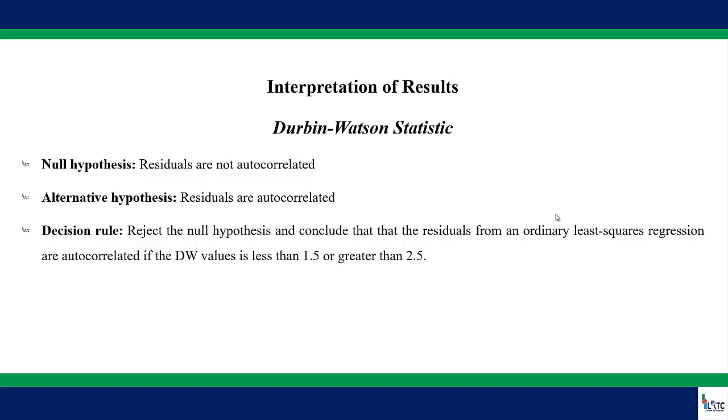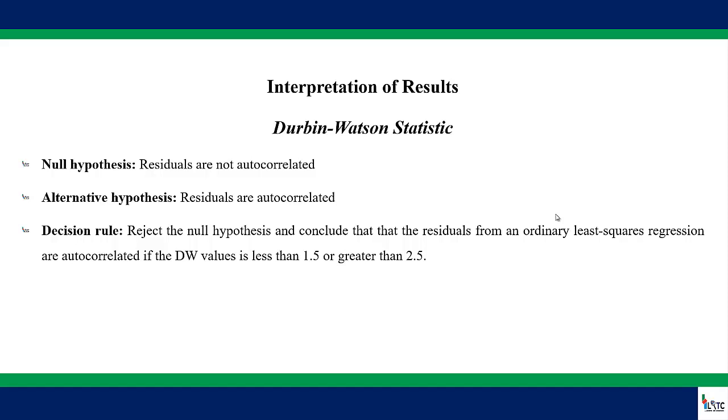Now, what is the null hypothesis for Durbin-Watson statistics? The null hypothesis: residuals are not autocorrelated, alternate: residuals are autocorrelated, and the decision rule is just straightforward. If the value of DW is between 1.5 and 2.5, then there is no problem of serial correlation.